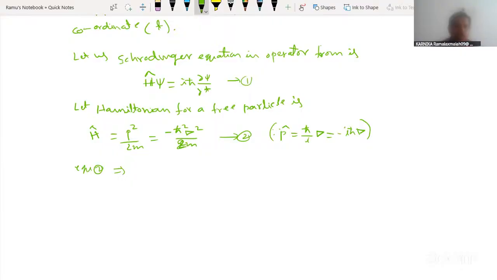Minus h cut square by 2m delta square into psi of r comma t is equal to i h cut dou psi by dou t of r comma t.